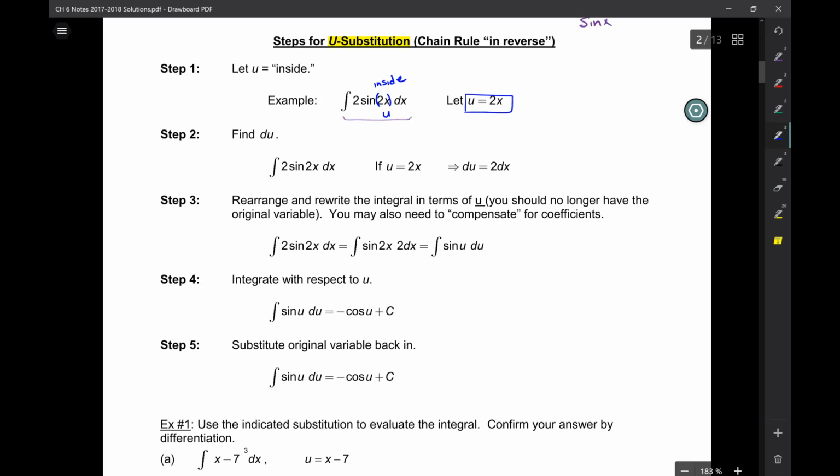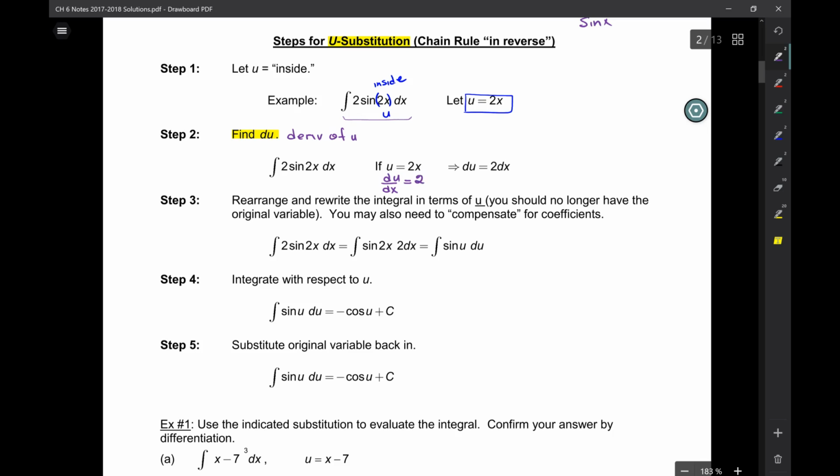Then you have to find du. Du is the derivative of u. Okay? So if u is 2x, what do we do here? We take d dx of u, which is du dx. How much is that? 2.